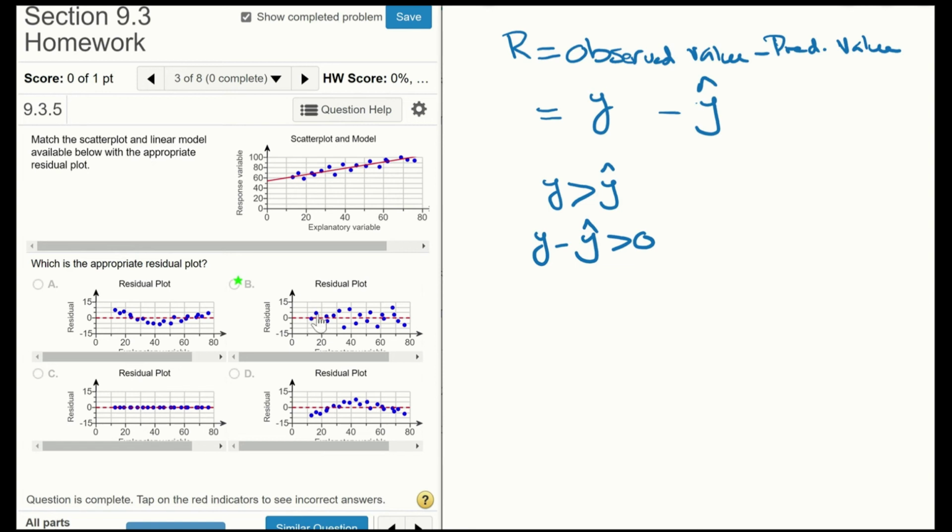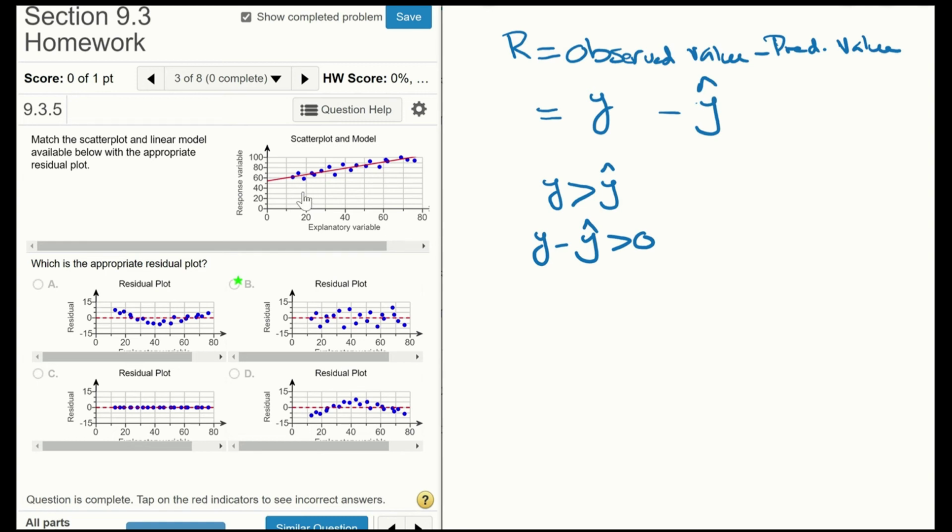Remember, these dots are indicating the residuals. So this is the 0 line for the residuals, and all the residuals you see up here are positive. The ones you see below the red line are the negative residuals. So anytime the observed value falls above the line, we're going to get a positive residual. When it falls below, like this one, we're going to get a negative residual. Why?